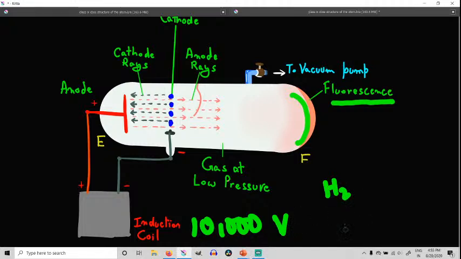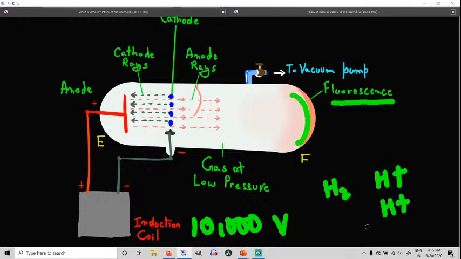When you apply high voltage, it will knock out the electrons. It means what will be left behind? Only H plus ion will be left behind, because hydrogen has only one electron.